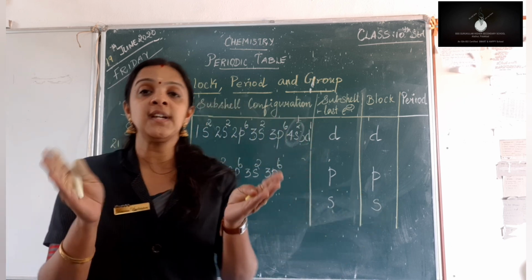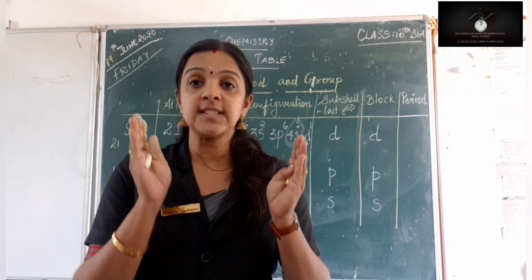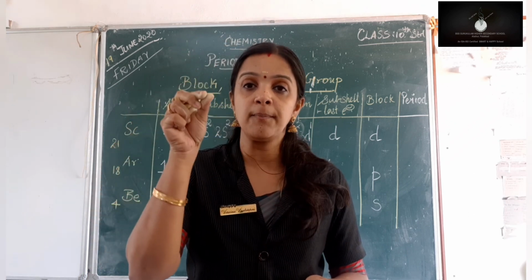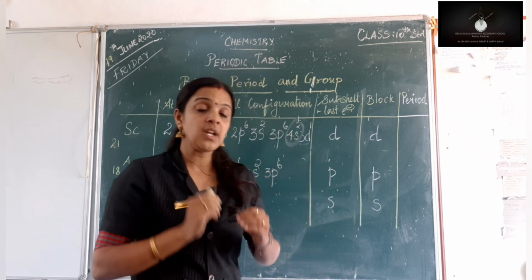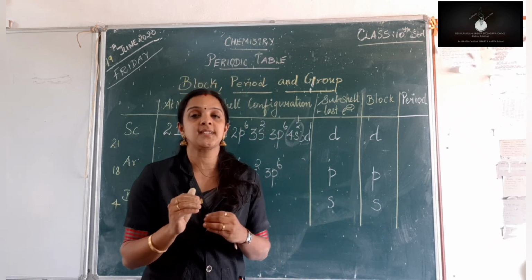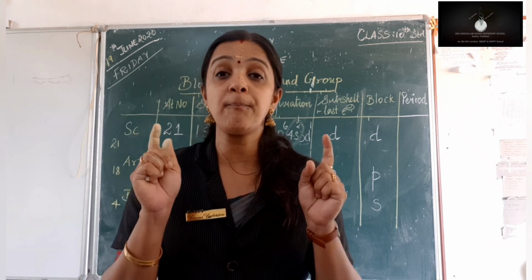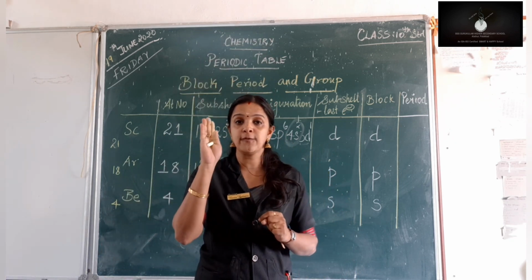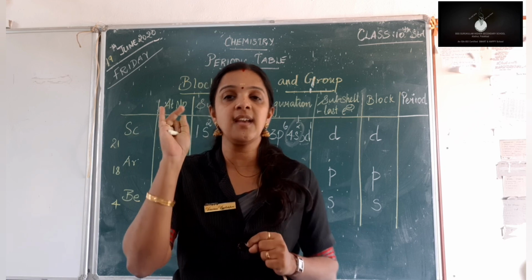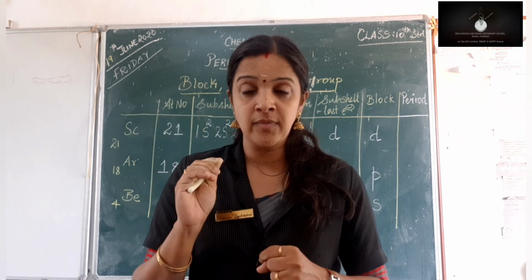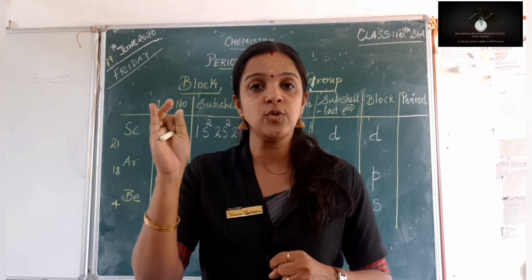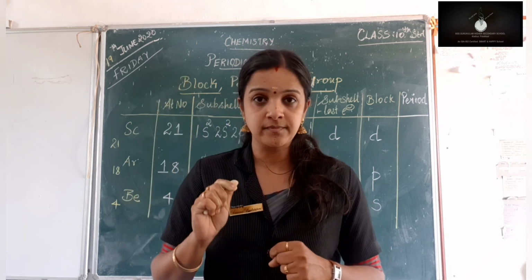So now we have clearly understood that the subshell to which the last electron gets into is the block of the element. Now we have something more interesting, which is to find out the period of the element. As I told you before, we have 4 main shells, K, L, M and N, which is having various energy levels, that is 1, 2, 3 and 4.